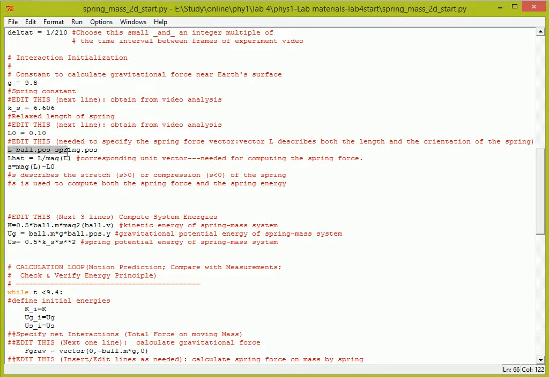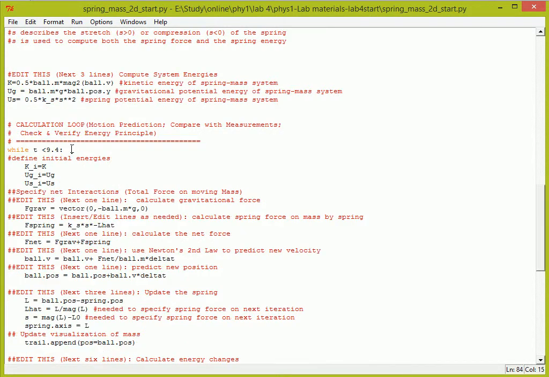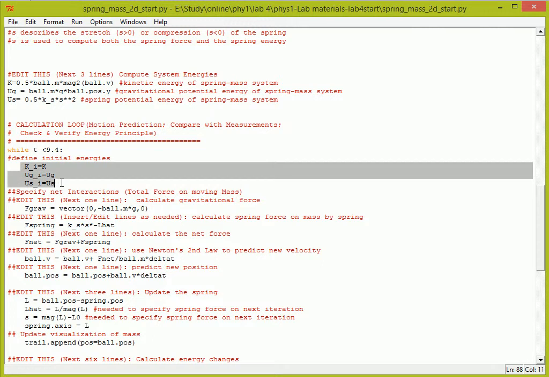These two lines are used to compute the vector L and the unit vector L hat, and this line computes S, the displacement of the spring. These lines compute the energy that we expressed earlier. This loop is used to predict the motion and update the graphs. Here we set the initial kinetic energy and potential energy.